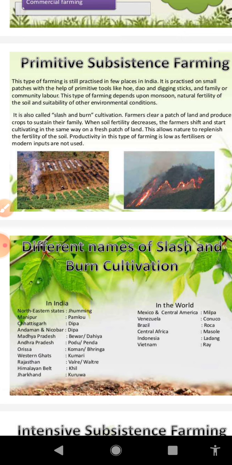First point, what I told in the definition, in this type of farming, primitive tools are used by the tribal to grow grains. Another point we can count here: generally the family members are working as laborers in the farm, and this type of farming totally depends upon the natural fertility of the soil and also on monsoonal rainfall.